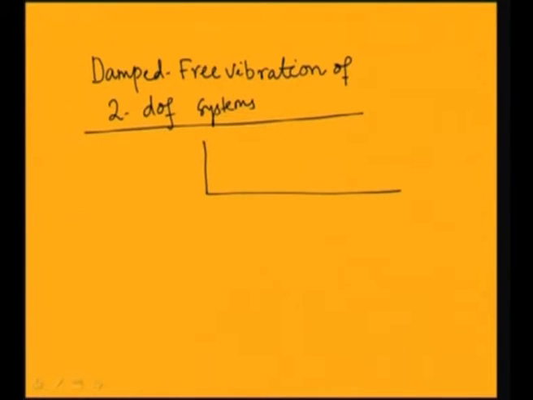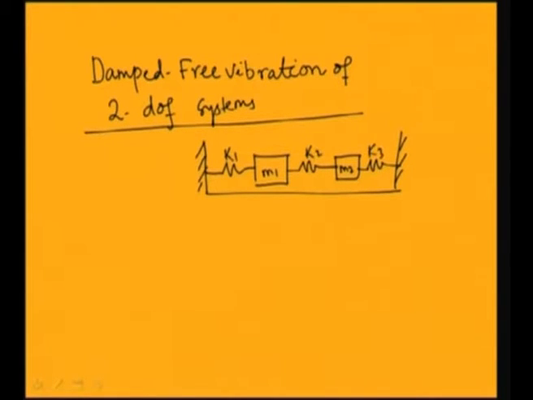So, I am drawing a spring mass damper system with 3 springs and 2 masses. This is mass 1, this is mass 2, this is K1, K2, K3, and we have also put some dampers.